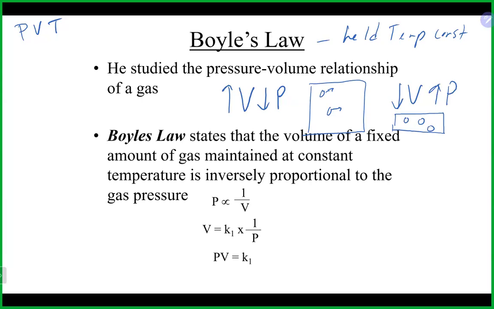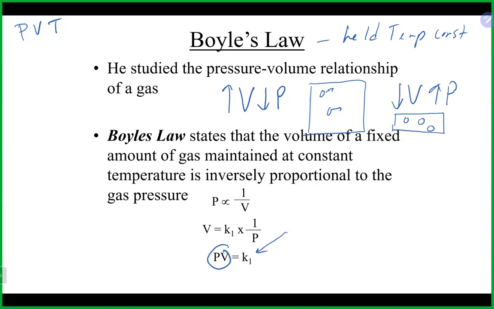Another interesting thing that happens with Boyle's law is if you study a gas over a variety of pressure and volume relationships and multiply the pressure and volume numbers you get for that same gas, it will always end up being the same number, known as a proportionality constant.